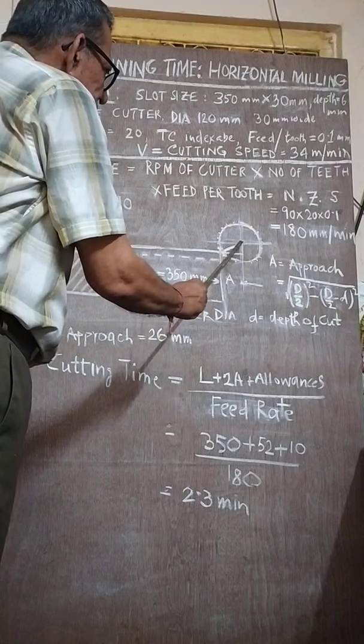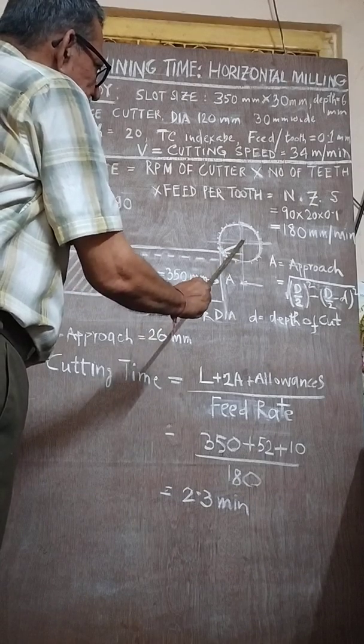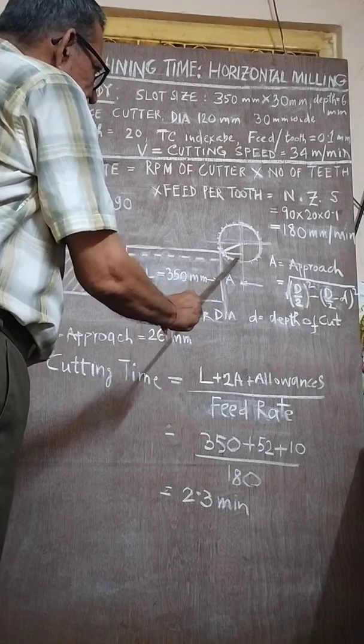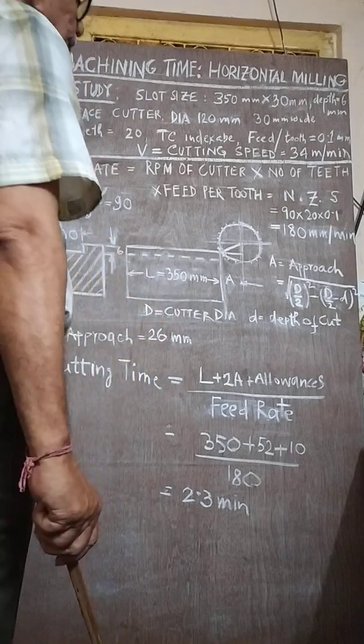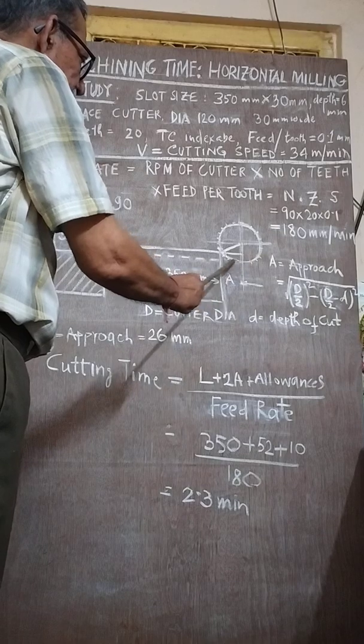This is the radius of the cutter. This distance is nothing but the radius of the cutter minus the depth of cut. We have assumed that this depth of 6 mm is cut in a single pass.